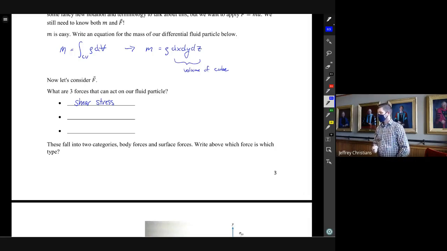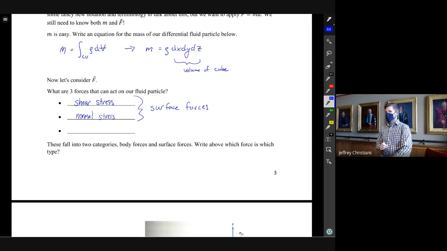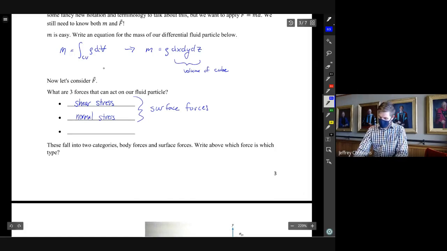Normal forces? Yep, so a shear stress, and we could also have normal. I'm jumping ahead, but these are both under the broad category of surface forces. What would be our last category of forces? Body forces, right? Like gravity.